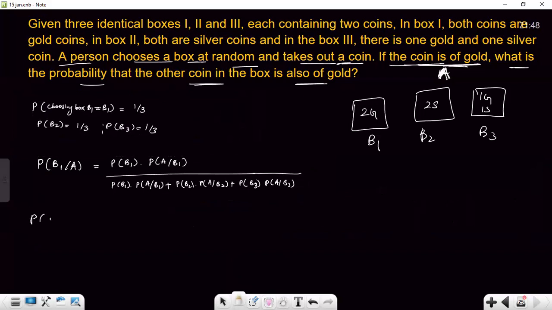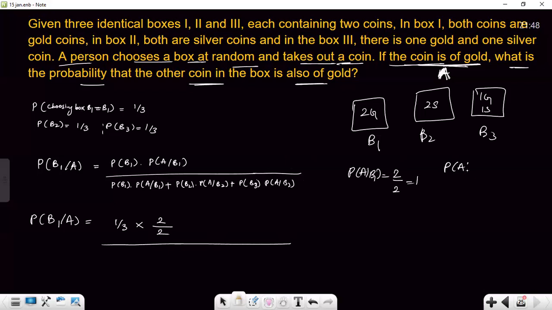So let's now find out choosing box B1 when a gold coin has been withdrawn. What is the probability of choosing box B1? That was 1 by 3, into the probability of getting a gold coin in box B1. Total favorable outcomes are 2, total possible outcomes are 2, so that is 1.